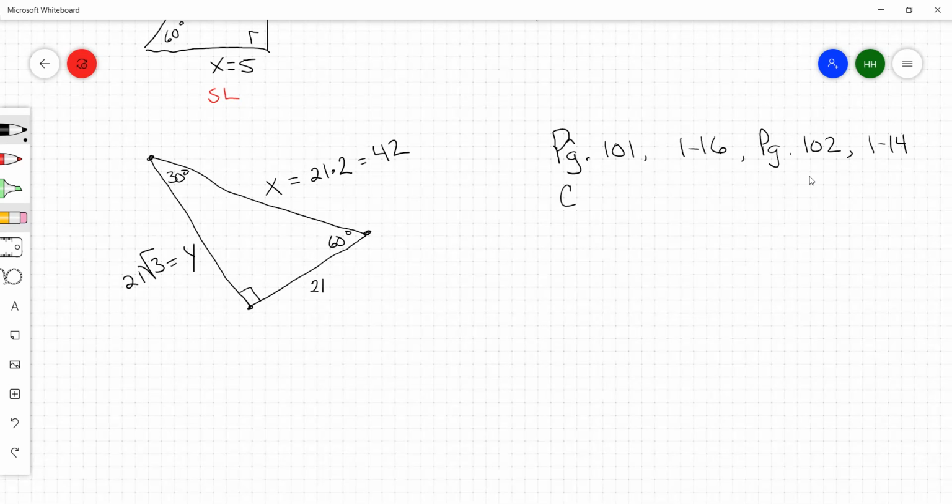And then I want you to check focus for homework. All right, and we're going to work on this until it's completely finished or until the bell rings.